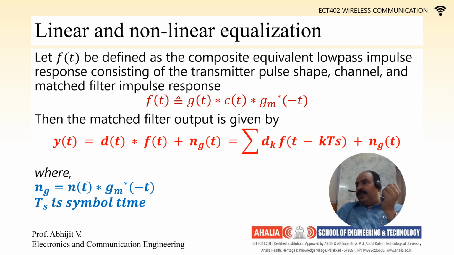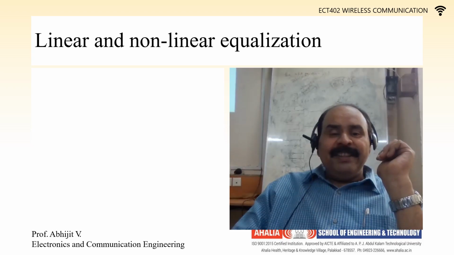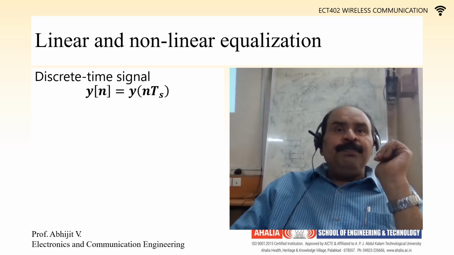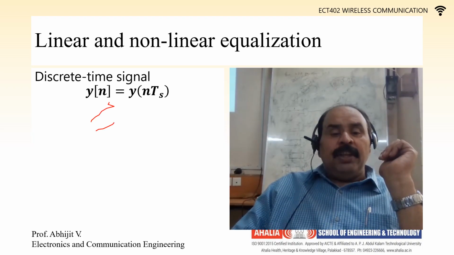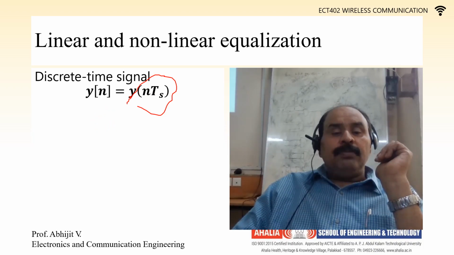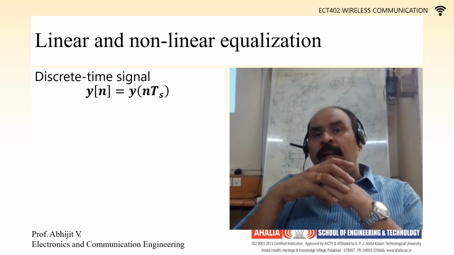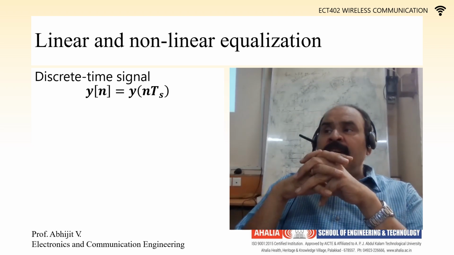Of course, T_s is the sampling time, or the symbol time. As discussed earlier, y(n) is the sampled signal, which is y(nT_s). So the discrete time signal which we are giving as an input to the equalizer is y(nT_s).